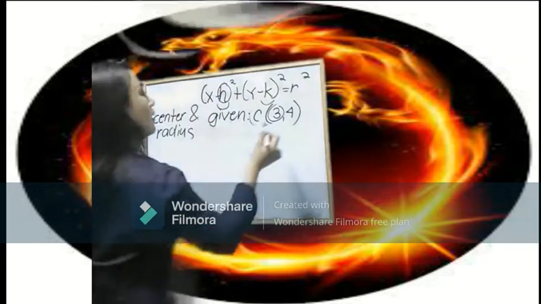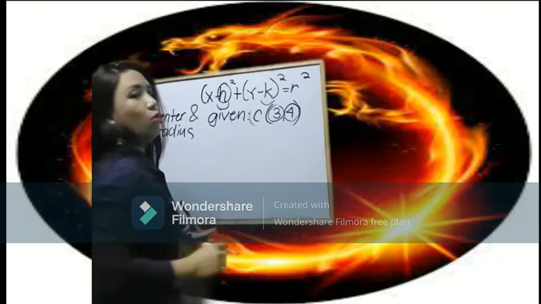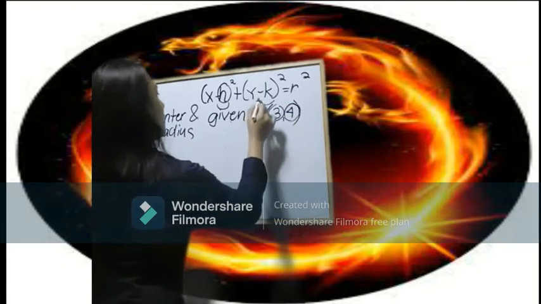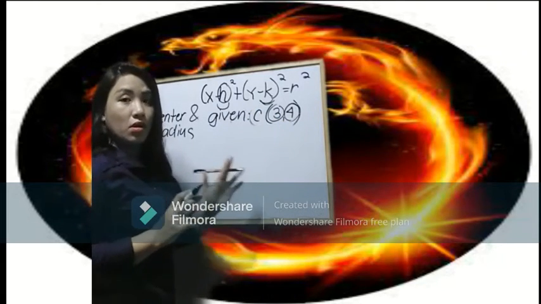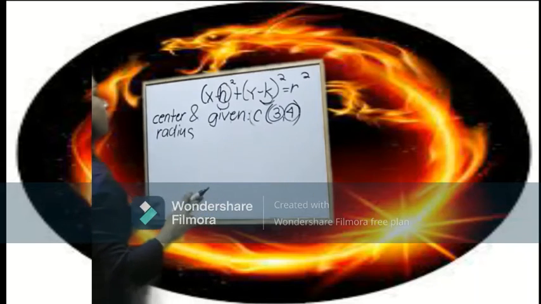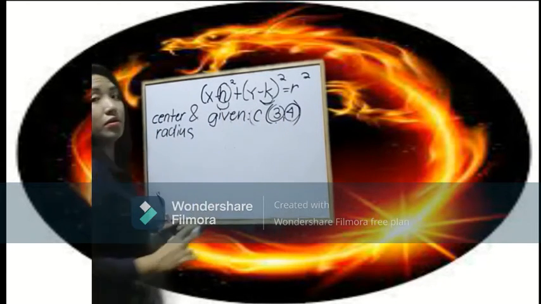Are you following? And this number 4, your y coordinate, goes to this k variable. So with this given center, (3, 4), we will be applying it to our formula.